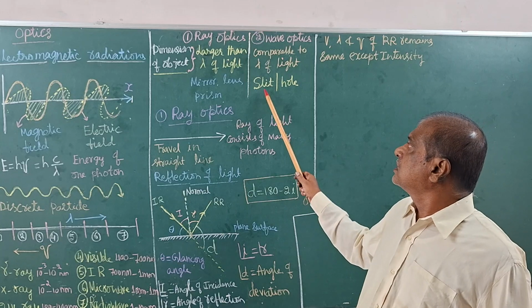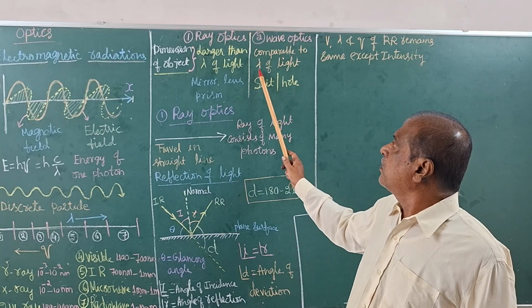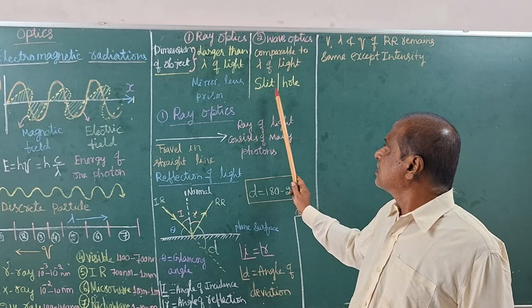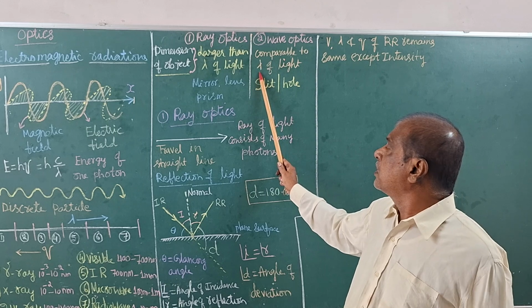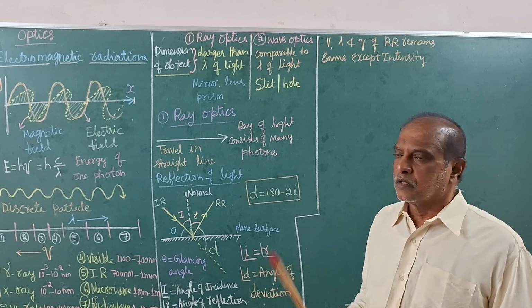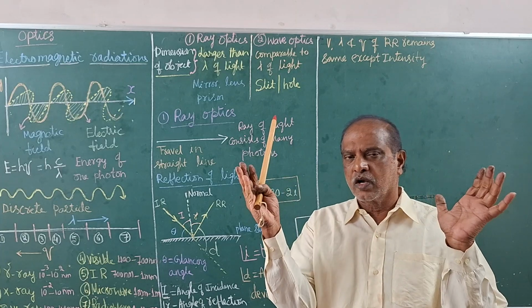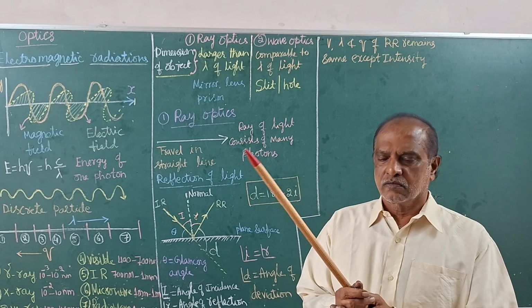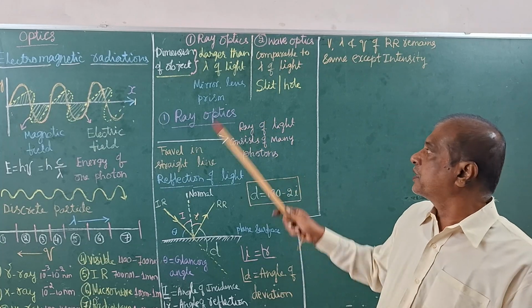The dimension is almost comparable to the wavelength of the light. That is the size of the slit or the hole, through which we pass the light and we look at what kind of light results after passing through that object.